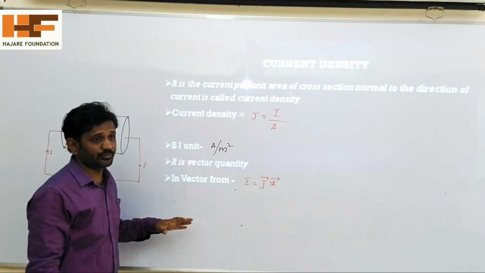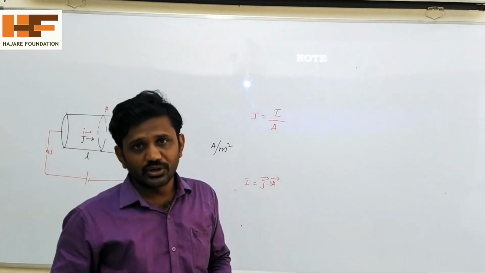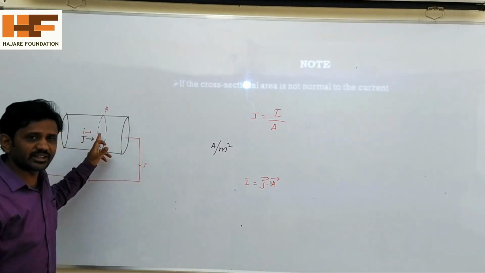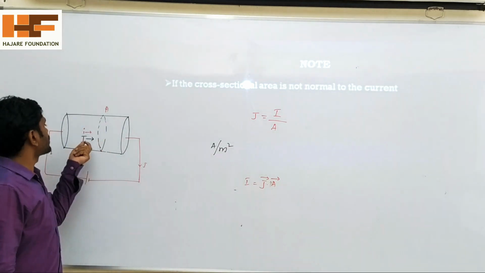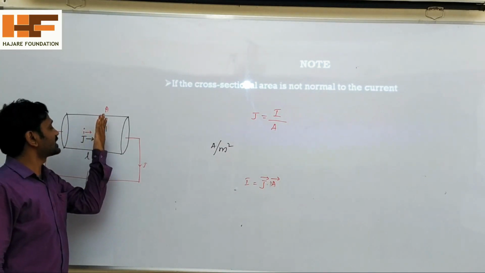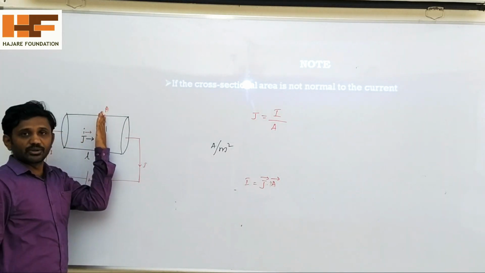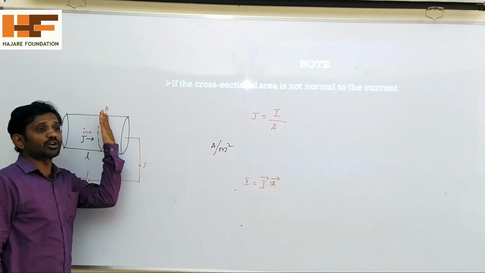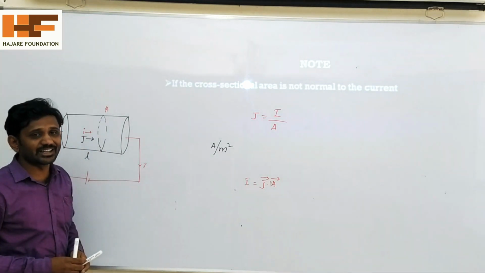Okay. Now we go to one important note related to current density. Here we defined current density as the current per unit area of cross section normal to the direction of the current. This area is normal to the direction of current. Suppose this area is not perpendicular to the direction of the current, then how can you find the current density?